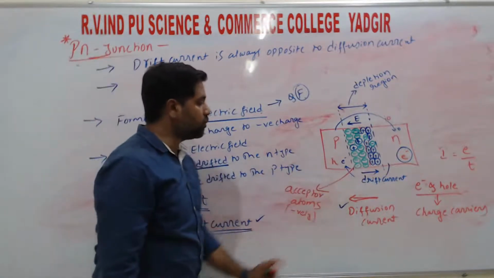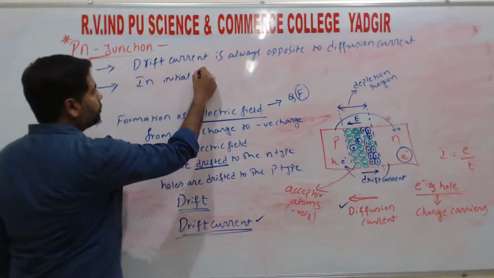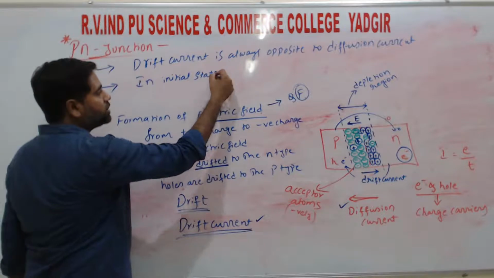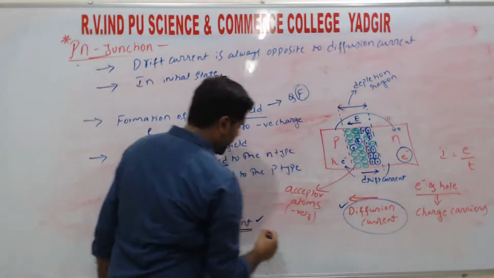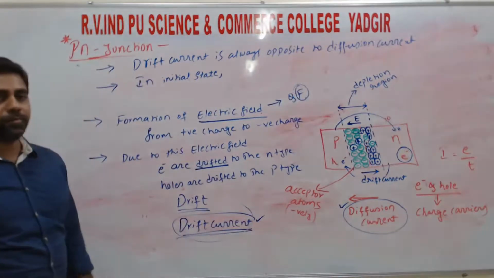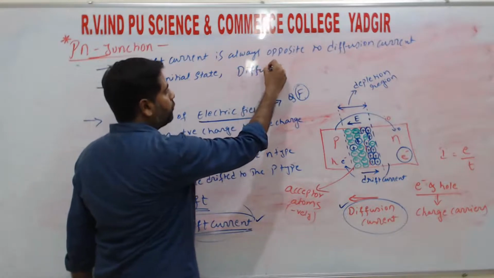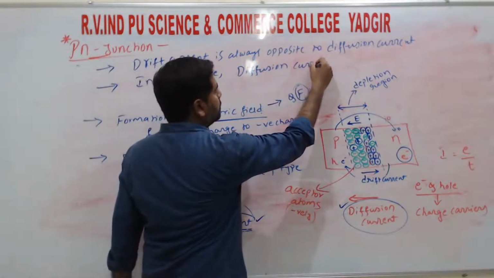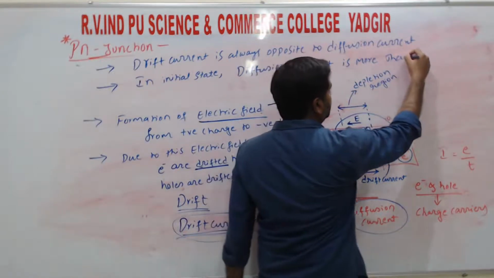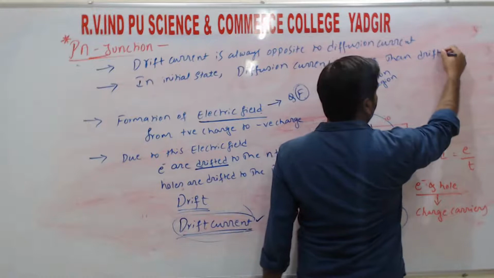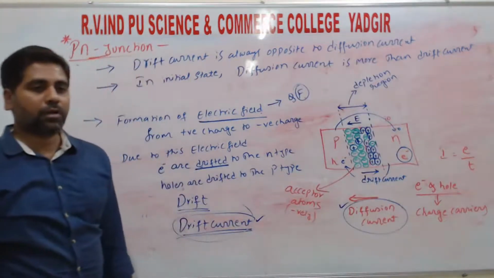So what it indicates is, in the initial state, the diffusion current is more than the drift current, right?